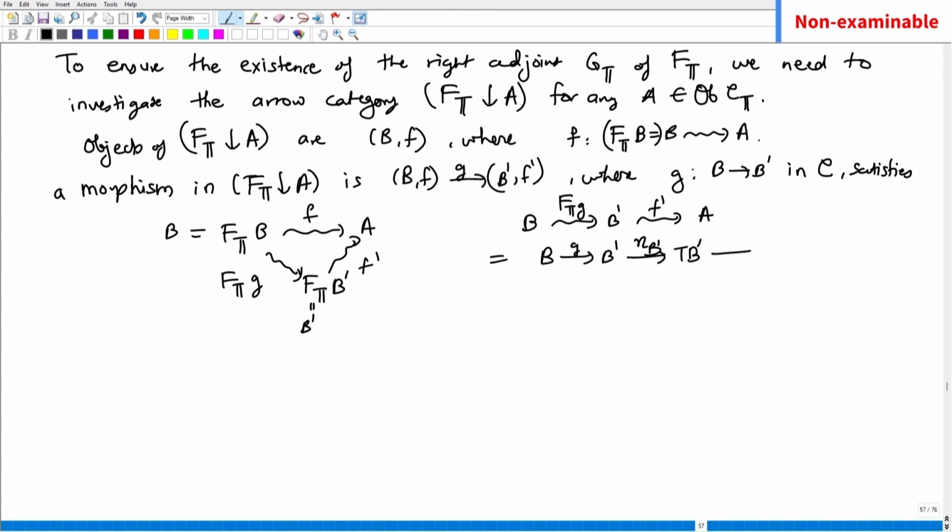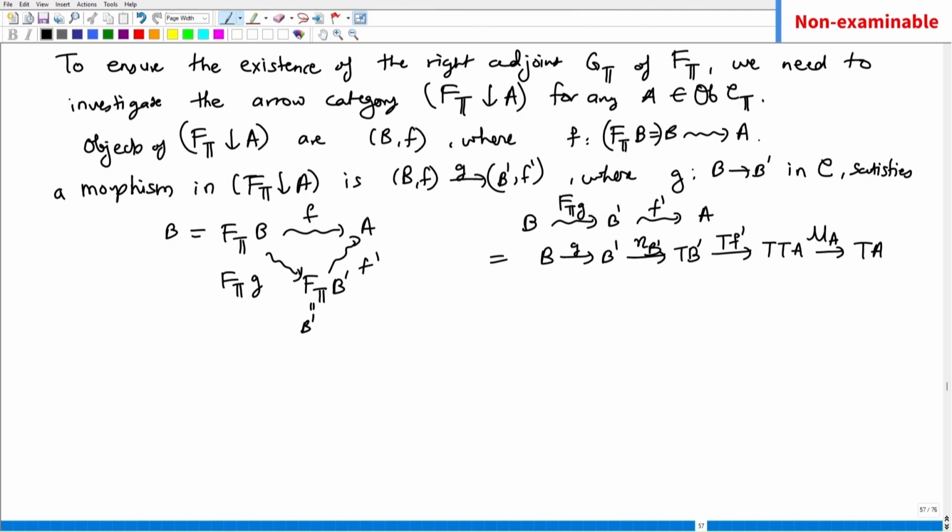But F prime is a morphism from B prime to TA. So you have to first take T of F prime to TTA followed by mu sub A.